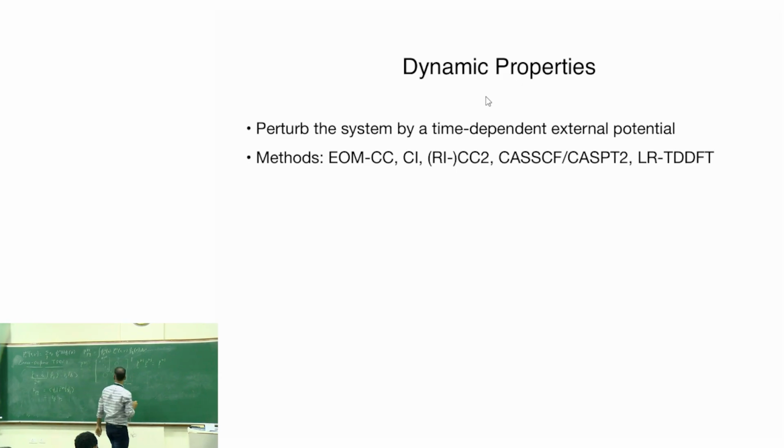So if I were to now write the Kohn-Sham matrix, can you tell what would be the structure of the Kohn-Sham matrix based on this?